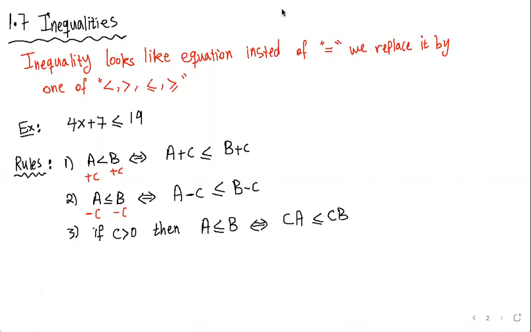So we multiply both sides by this positive number, and I get an inequality equivalent to the original one.